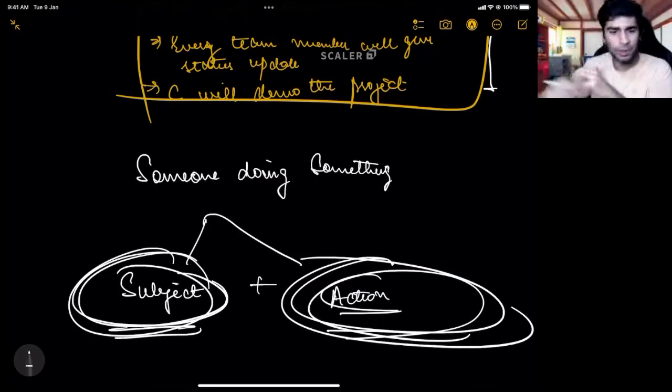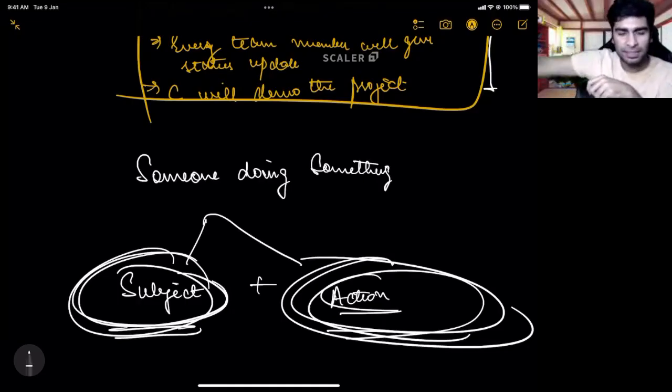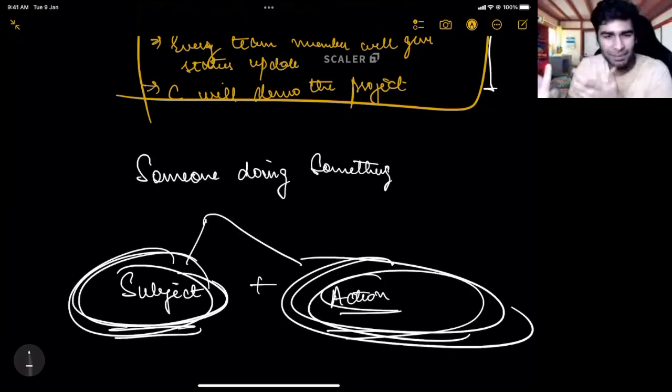Let us say now you are God and you have to describe how the planet is working. Will you also say something like this? Sagar sent a chat message. Sumit is completing his assignment. Will you again structure the world like this? Kind of, yes. You will try to describe everything in this particular way. Everyone is performing some actions, right? Sagar is doing this, Naman is doing that, Sarik is doing that, and so on.